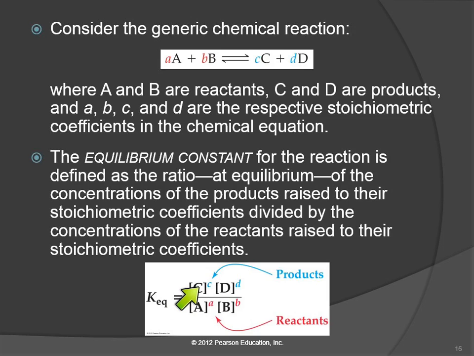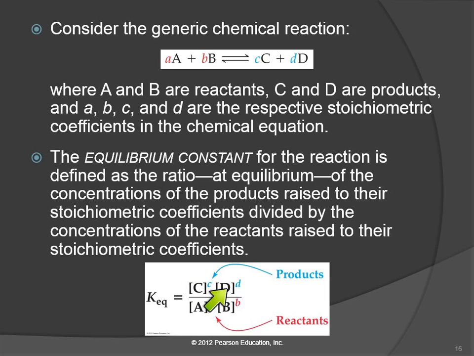So it's the concentration of C, and then it's going to be raised to a power. Whatever the coefficient is in the balanced chemical equation, we raise that concentration to that power. So if you got 2 moles of C, this would be squared. If this is a 4, then this concentration would be raised to the 4th power.